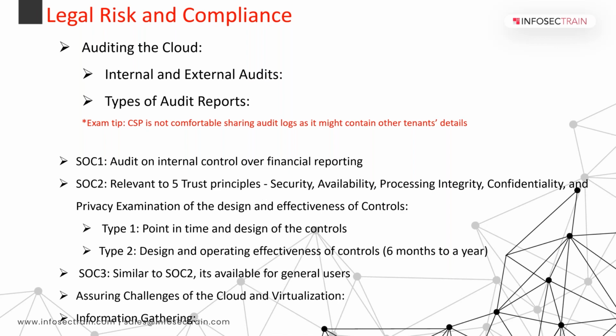When you get into audits, there are various types of audits done from a compliance perspective, and one very important audit here is SOC. When an organization goes through a SOC audit, it helps you get three major types of report: SOC 1, SOC 2, and SOC 3.